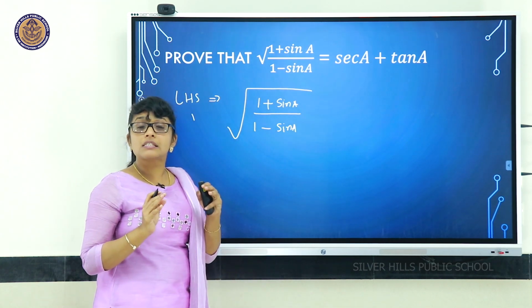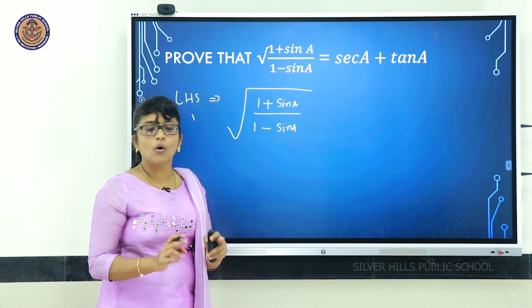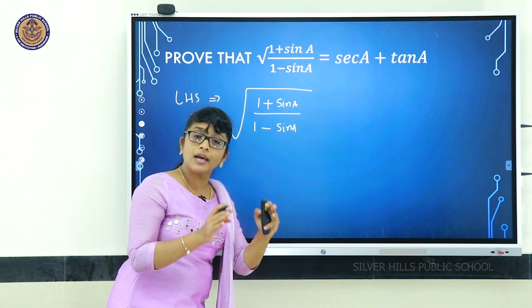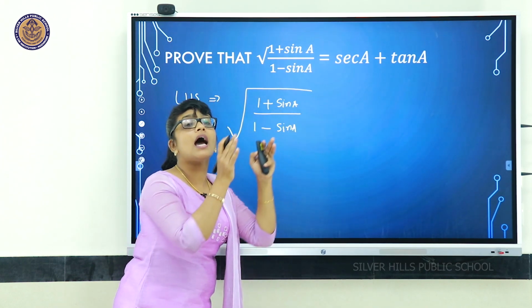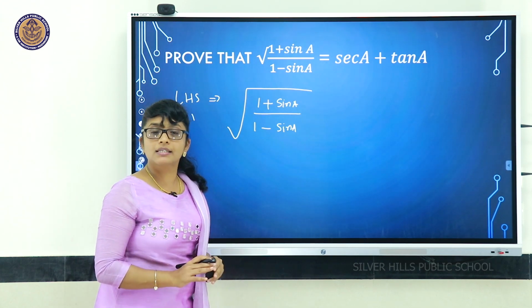Okay, from the class 9 standard, we studied conjugate. Here we can take conjugate and multiply to numerator and denominator. What is the conjugate of 1 minus sin A?